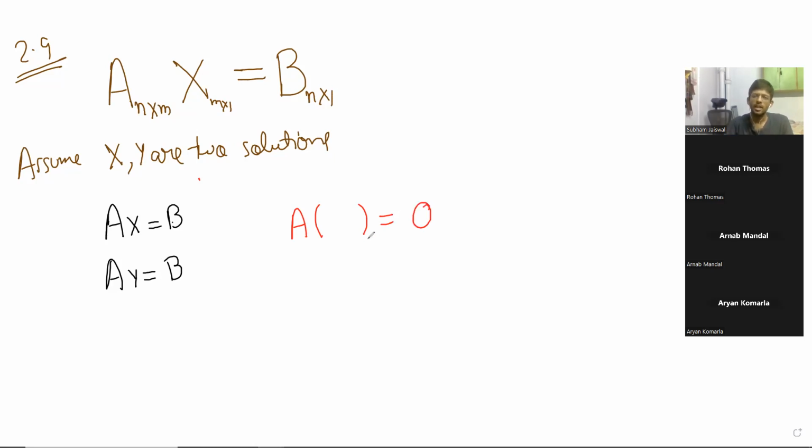That's a very clear question. Can you give me something there? Anyone? You have two solutions of the same system. Now you want to find a solution for equal to 0.